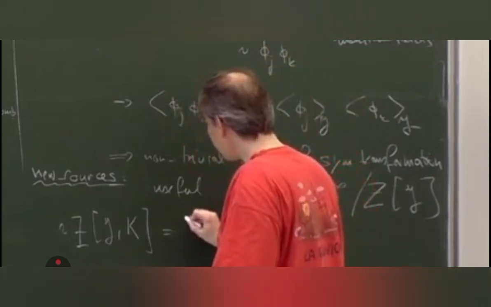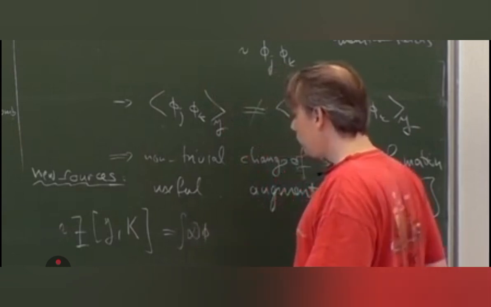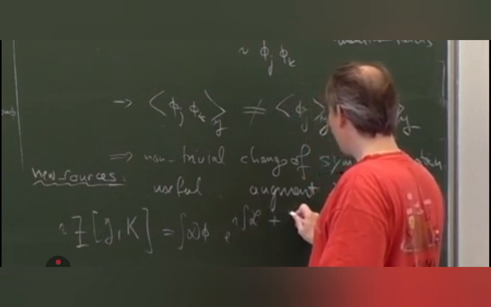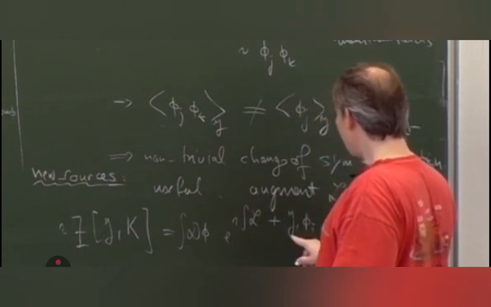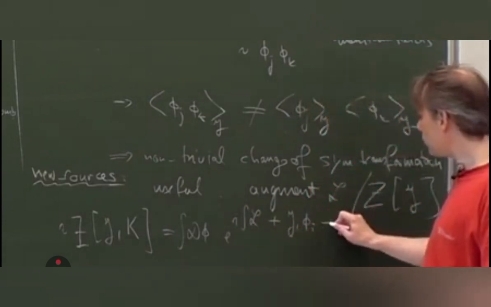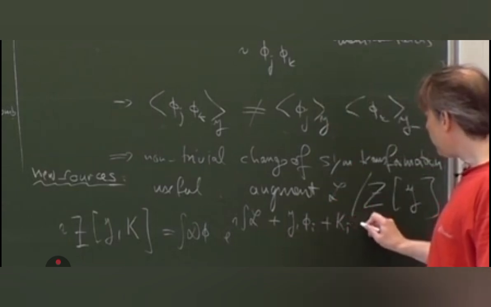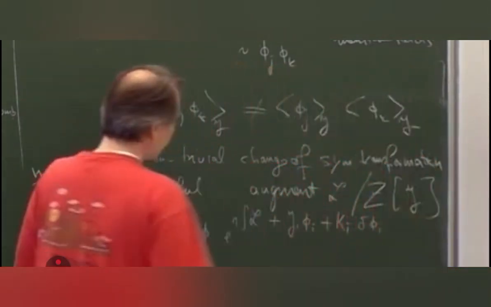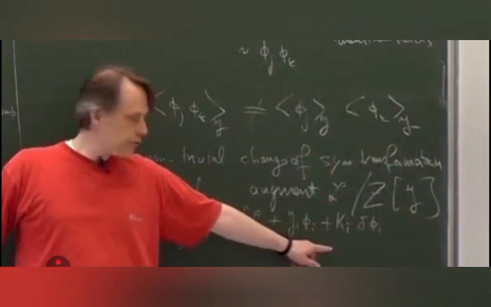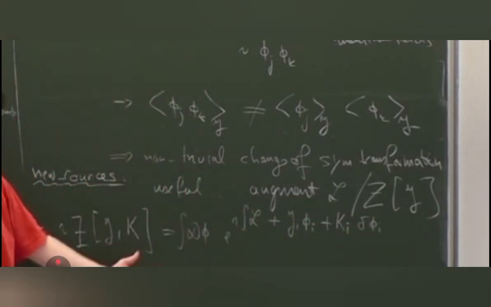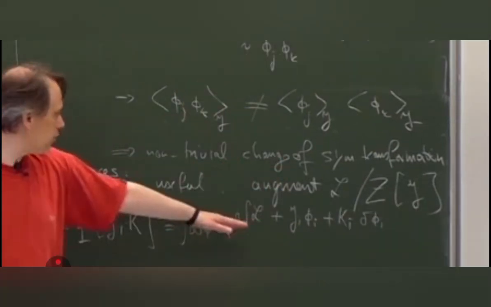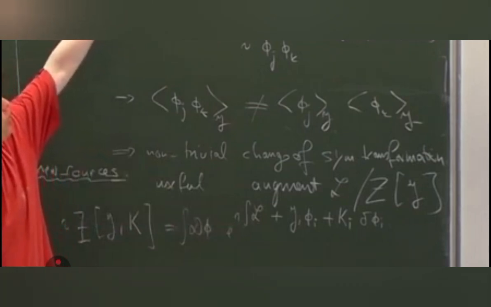The path integral definition would be this: path integral over e to the i times the action plus the ordinary source terms for the fields, j_i times phi_i, plus new sources k_i times delta phi_i. And then a derivative with respect to such a source k_i pulls down the delta phi_i and generates expectation values of the delta phi_i's in the presence of sources j and also in the presence of new sources k, such that in this way we have technical control over those objects that we need in our Slavnov-Taylor identity.